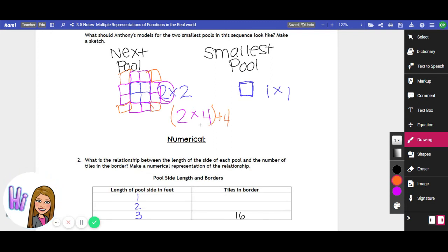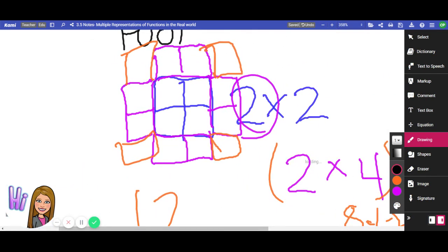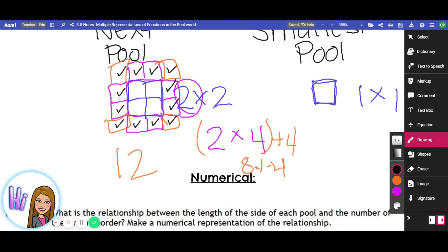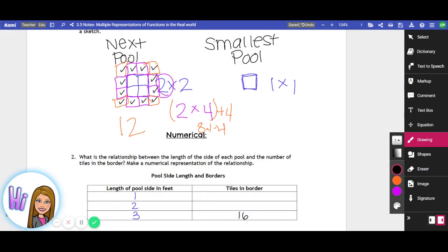So you get 8 plus 4, which makes this one 12. And you could count those up and double check, but you would find, this is messy, but 1, 2, 3, 4, 5, 6, 7, 8, 9, 10, 11, and 12. So yeah, that is 12 tiles. So 12 would come in down here.